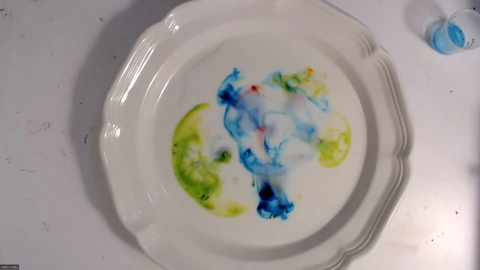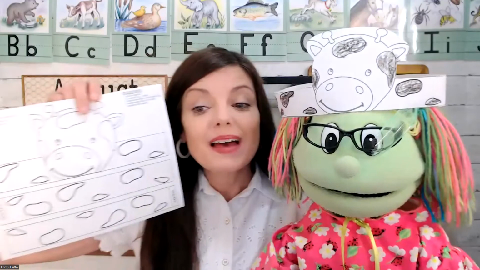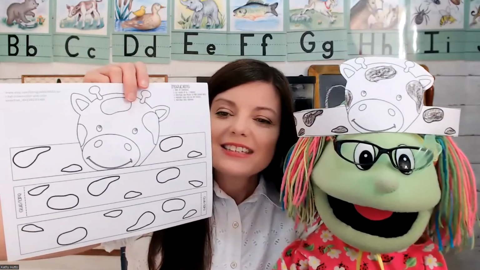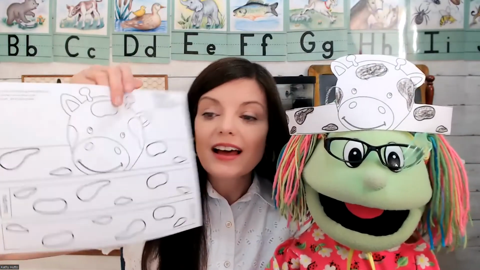And now it's time for art. Today for art, we made a cow crown. And Sue is modeling our cow crown right now. So you can color and cut and put together your crown.